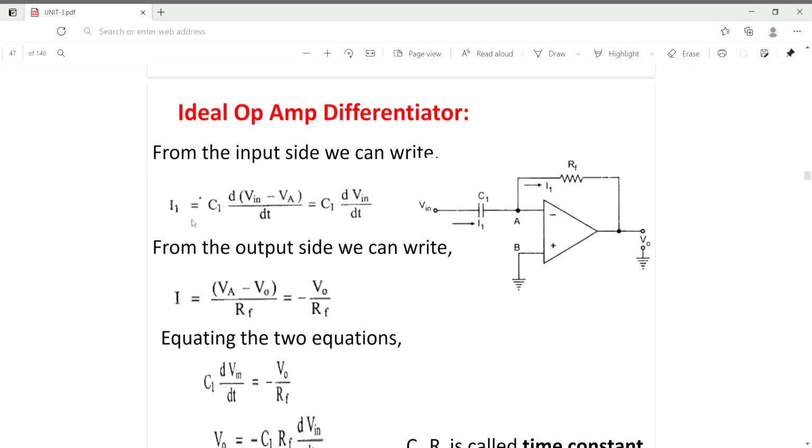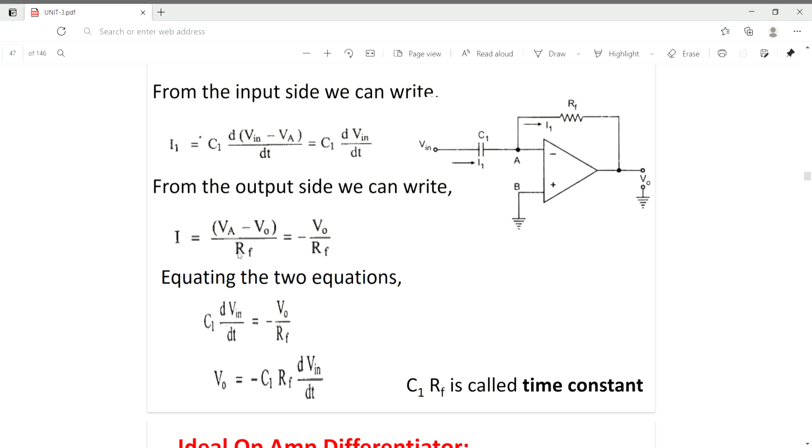So here I1 is equal to C1 into d by dt of (Vin minus Va), and Va we know is 0, so the current becomes C1 dVin by dt, and from the output side we get I is equal to (Va minus V0) by RF. RF is the feedback resistance, and only V0 remains as Va becomes 0, and the negative sign will remain.